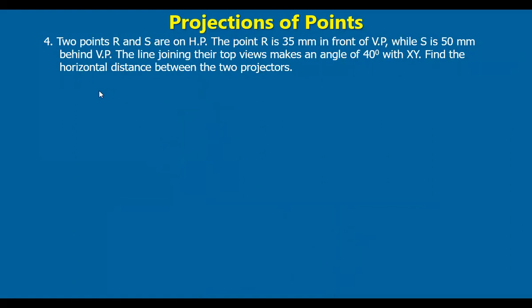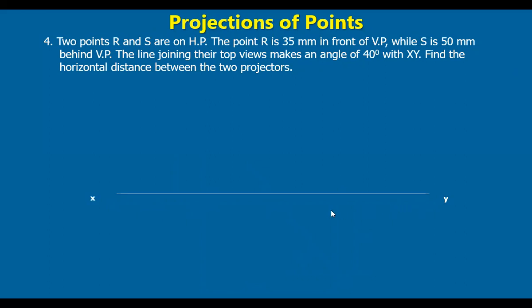Next. 2 points R and S are on HP. On HP means if you see them in the front view, they lie on the reference line, right? If they are lying on the vertical plane, their top view will be on the reference line. So the 2 points R and S are on HP.